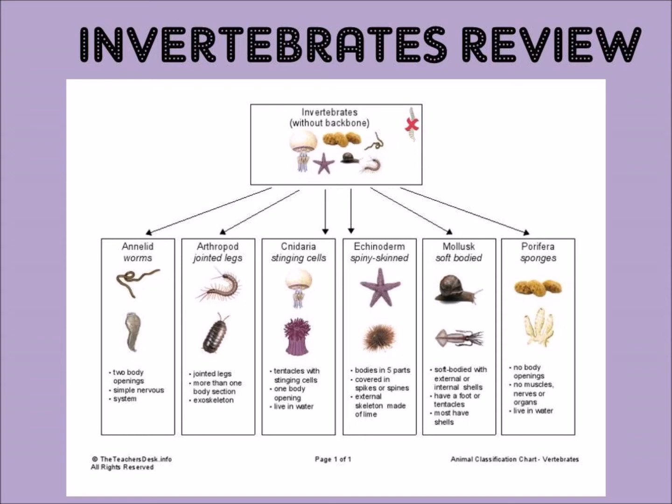Mollusks. Snails, squids, octopus, clams, and mussels are examples of mollusks. They have a soft body that they cover with an external or internal shell that they use to protect. They have a foot or tentacles.